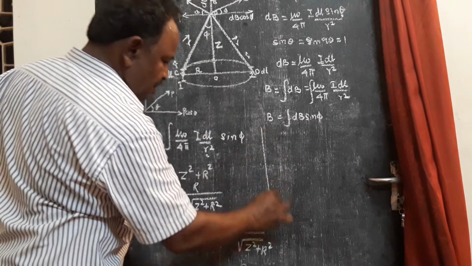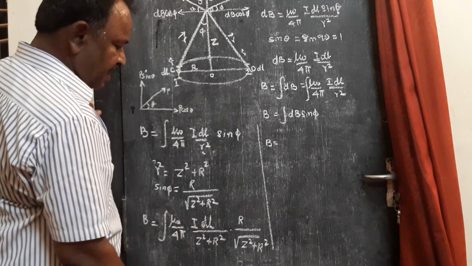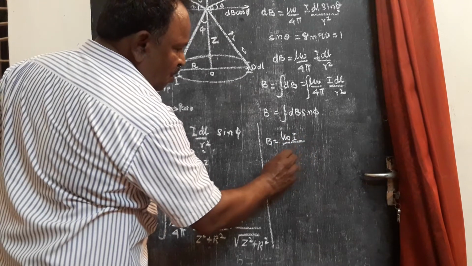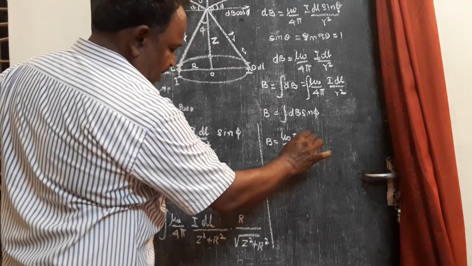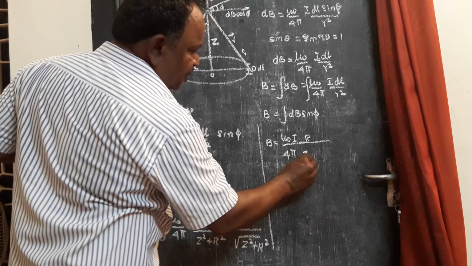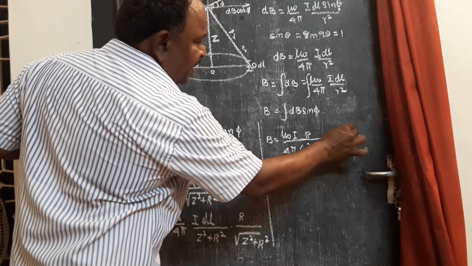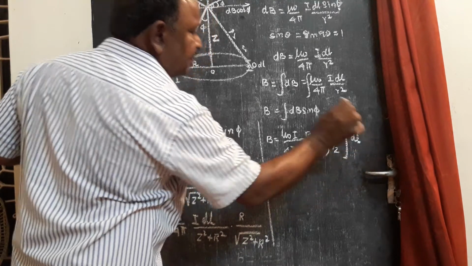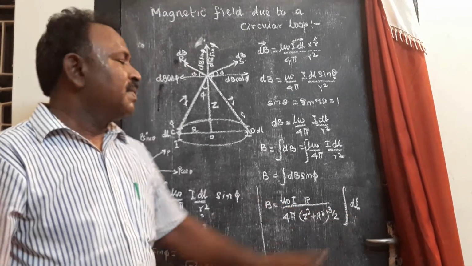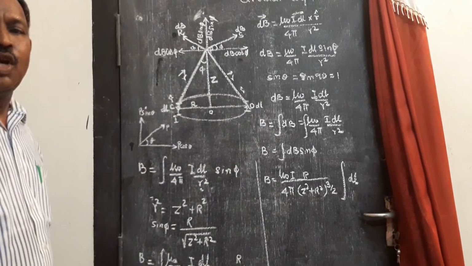Take the common things outside the bracket. So you will have mu naught I by 4 pi into R by z square plus R square whole power 3 by 2, into integral dl. When you integrate this dl, it will give L. What is L? L is nothing but the circumference of the circular loop.